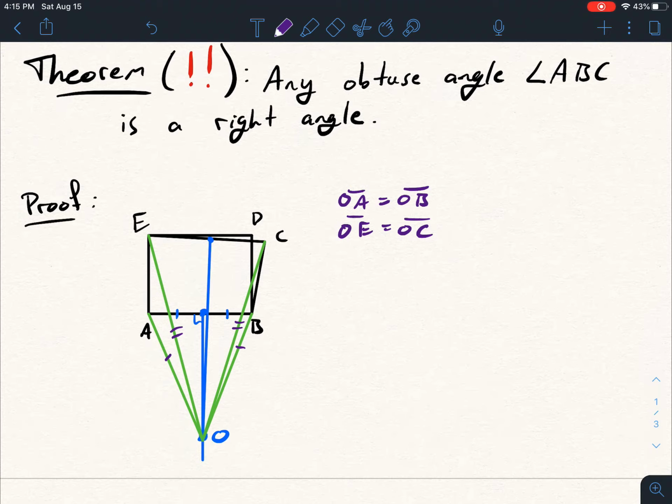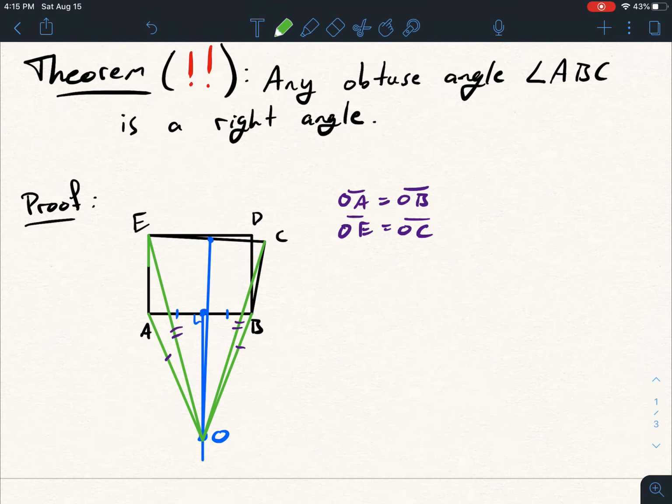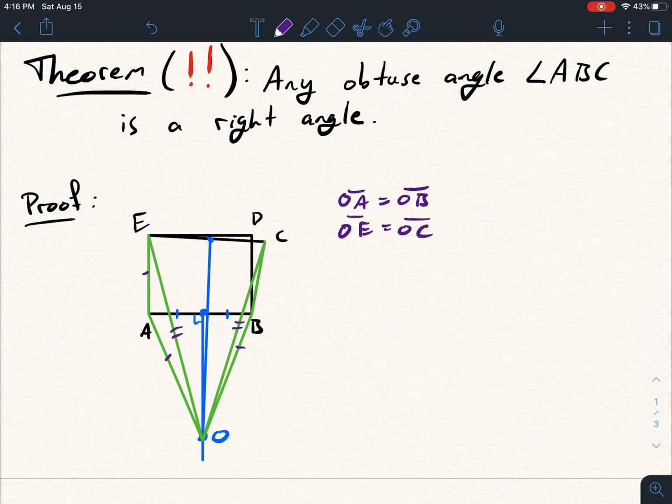And the last bit of information that I need is something that I actually talked about at the beginning, which was that AE is actually equal to CB. So I had this line right here is equal to this line right here. And why was that true? Just to remind you why that was true.